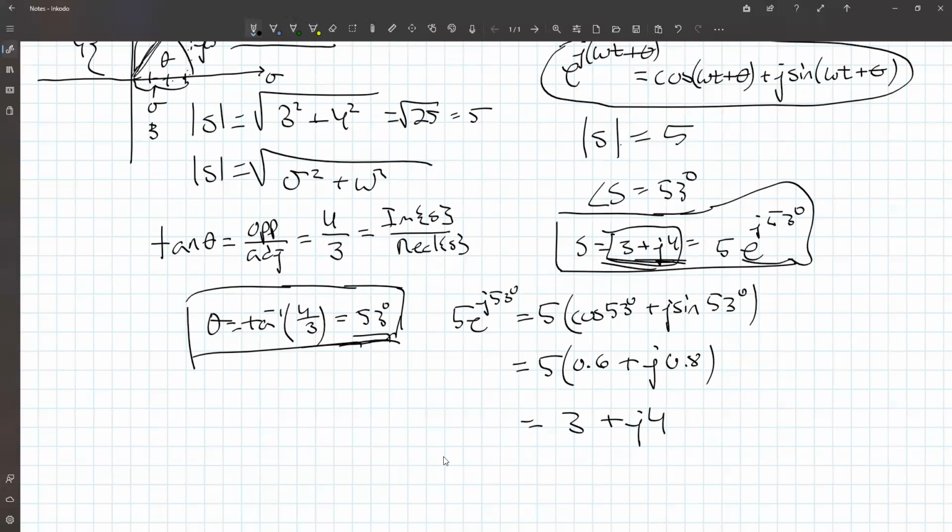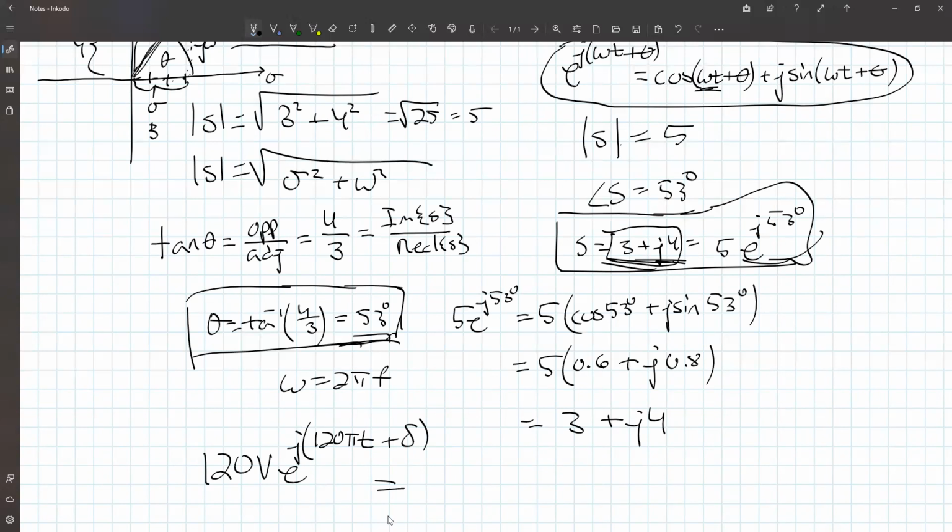So I really don't even need to include the whole omega t. If I had some amplitude, let's say 120 volts, it'd be 120 cosine of 120 pi t, and let's put a phase shift in there. Well, this is my radial frequency, and omega is equal to 2 pi f. If f is 60, then omega is going to be 120 pi.